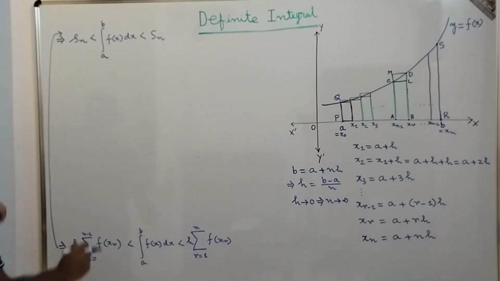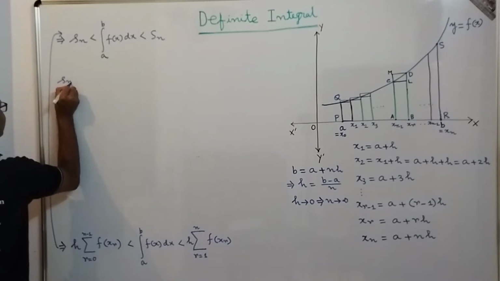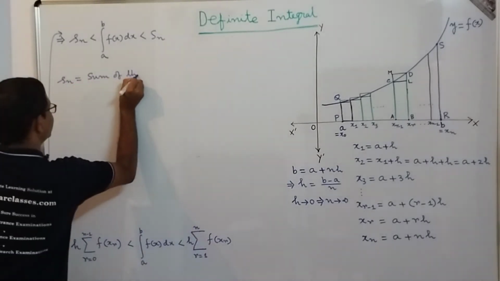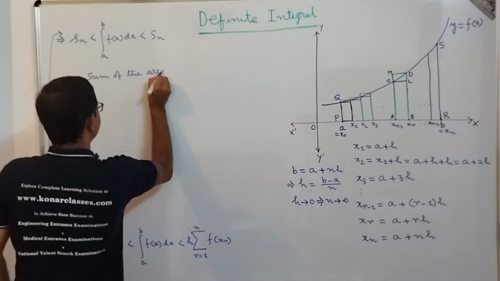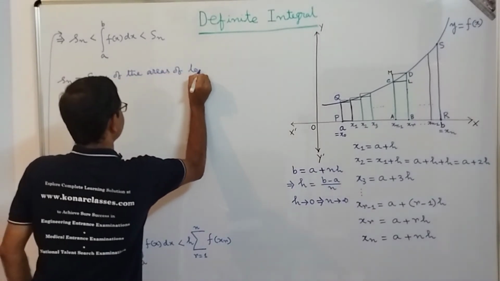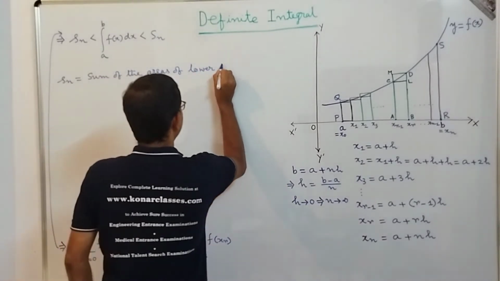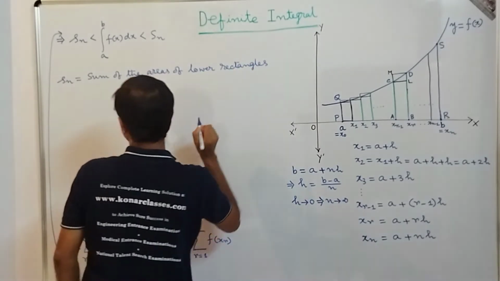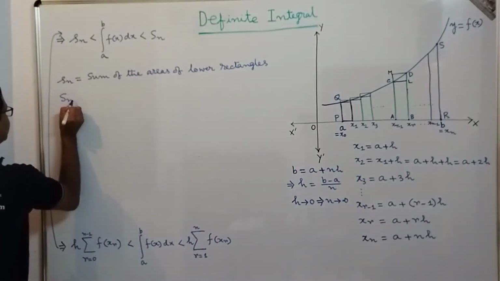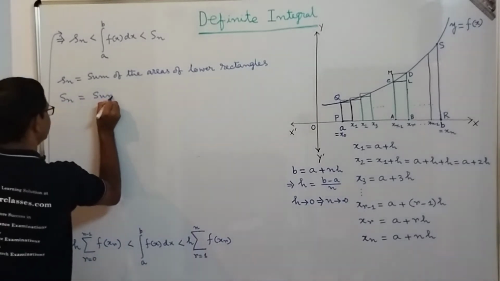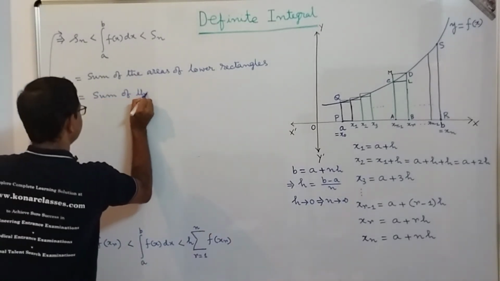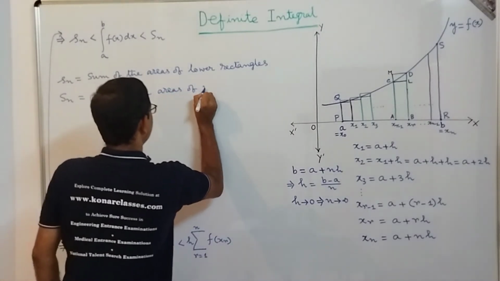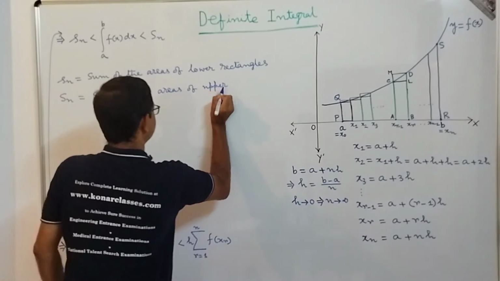It is the sum of the areas of the lower rectangles. Okay, and what is capital Sn? Capital Sn is equal to the sum of the areas of the upper rectangles.